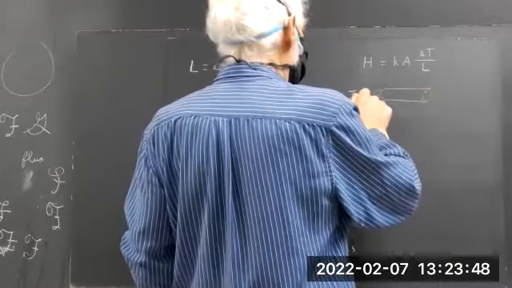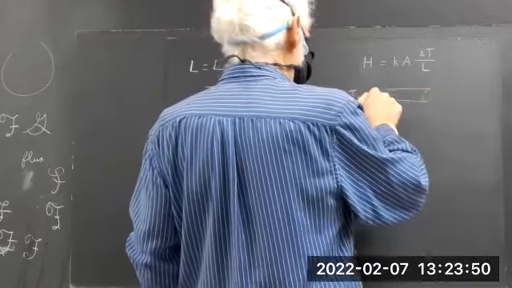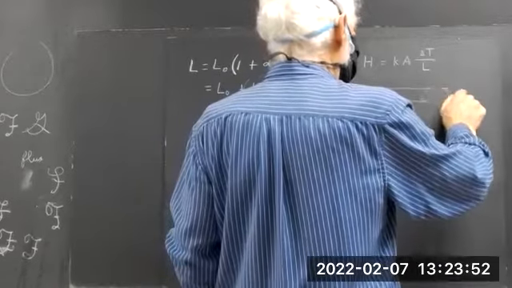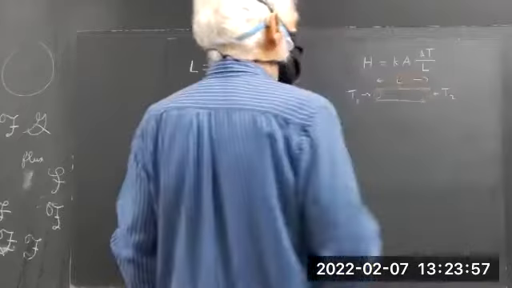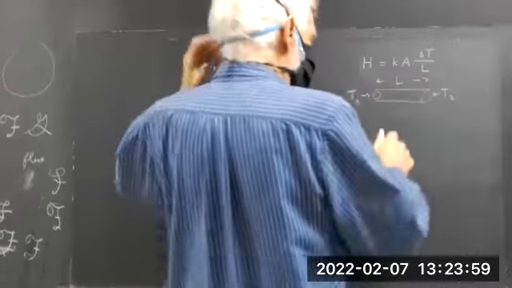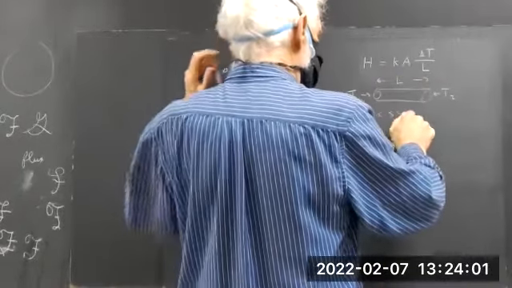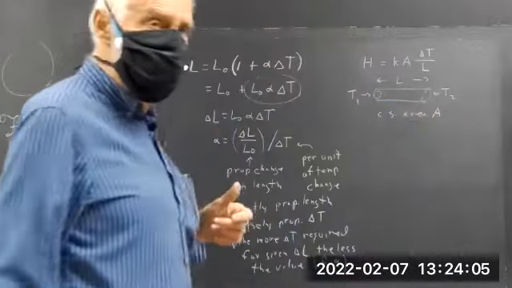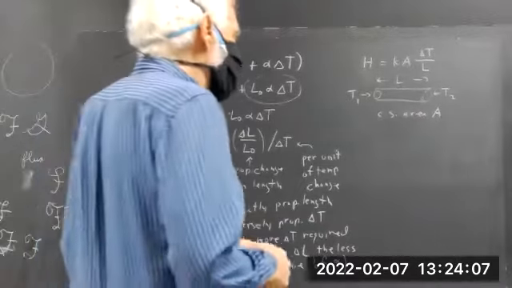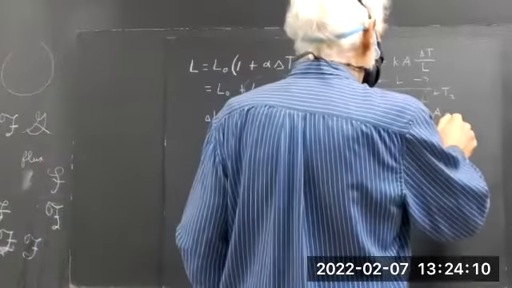This end is held at temperature T1. This at temperature T2. You got a length L. In the cross-sectional area, we'll say A sub CS.